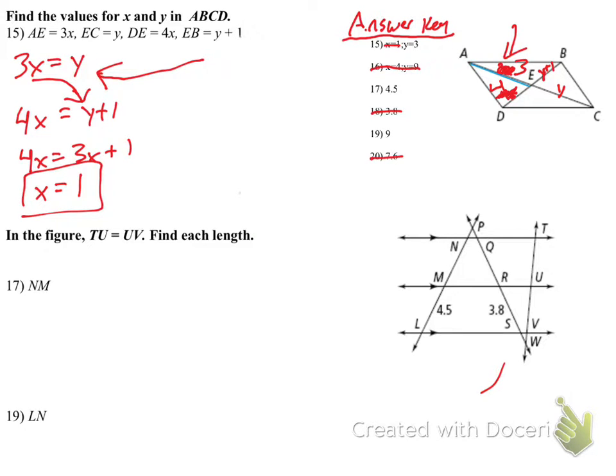AE is going to be equal to EC. So that would just mean y equals 3. We can test that by doing DE, which is equal to 4, is equal to EB, which is y plus 1. And then I would minus the 1, so y is going to be 3.